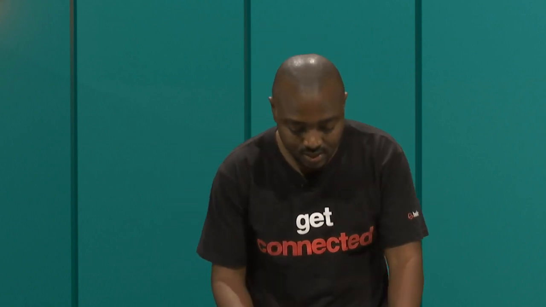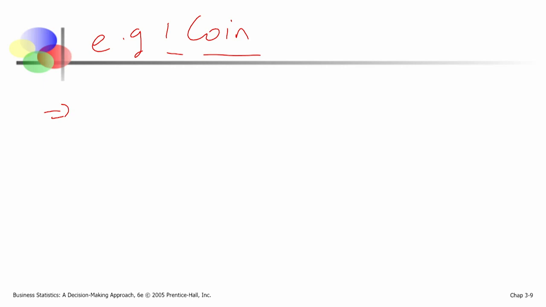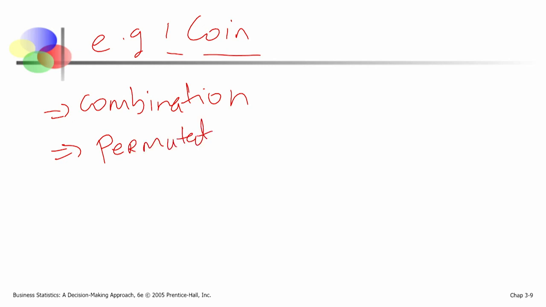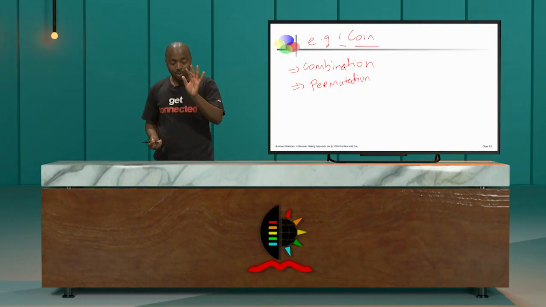But my question is, what if you don't have a coin? How would you know the total number of sample points you'll have in your sample space? To answer that, you need to understand combination and permutation. Right, so hold that thought.